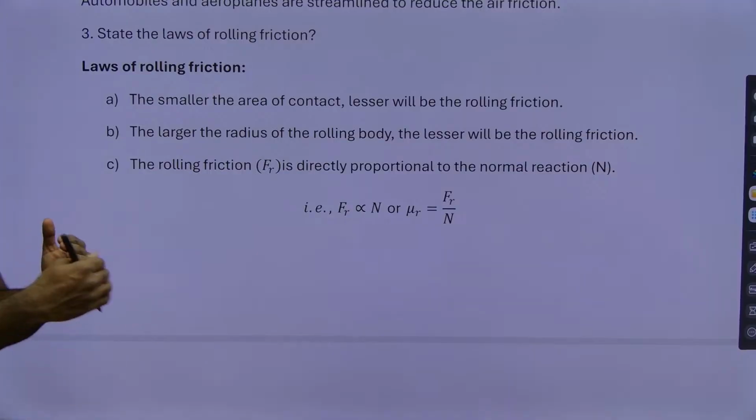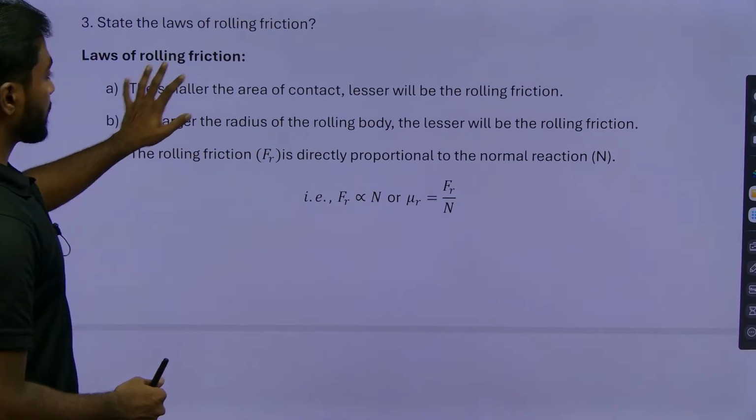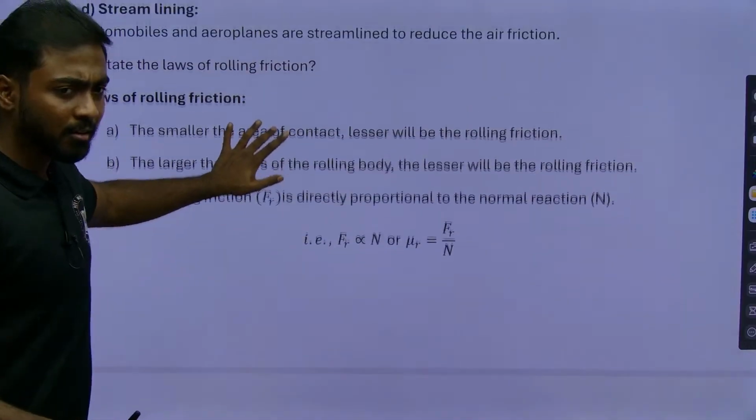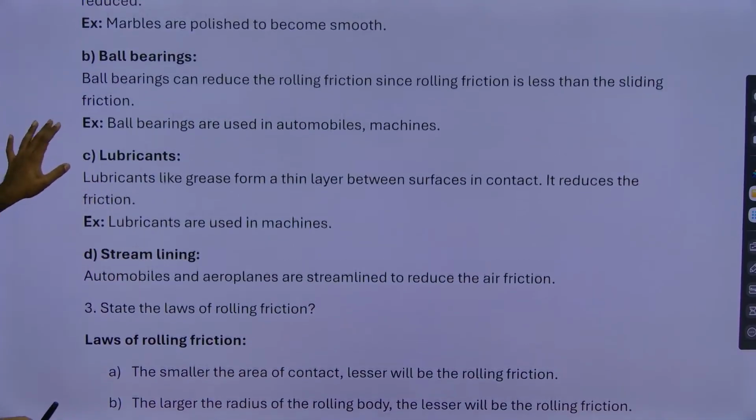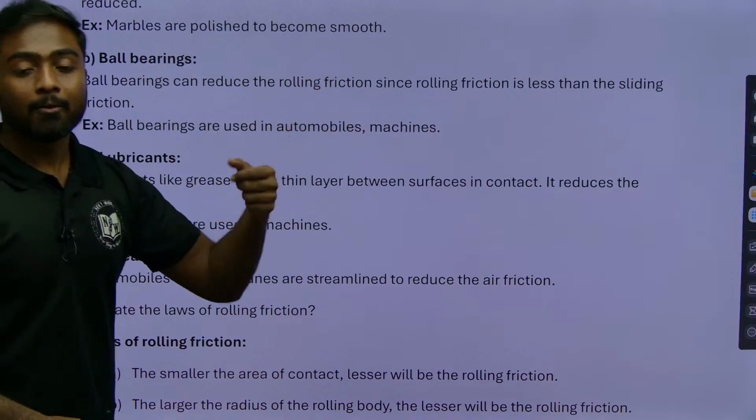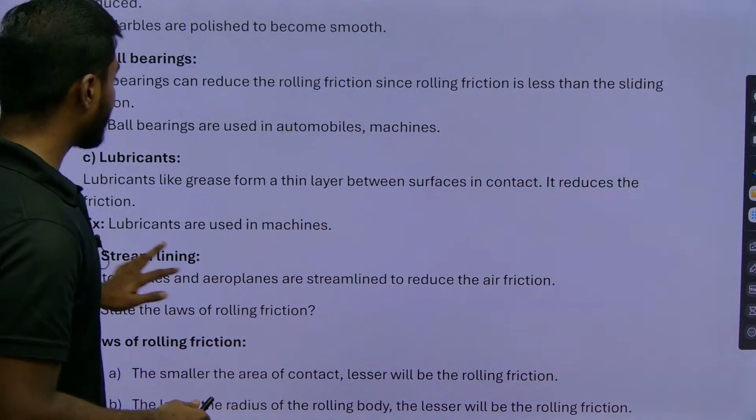We are coming one by one. The third question is rolling friction. We have seen some rolling friction in the previous case, in the ball bearing, that is vehicles and automobiles.